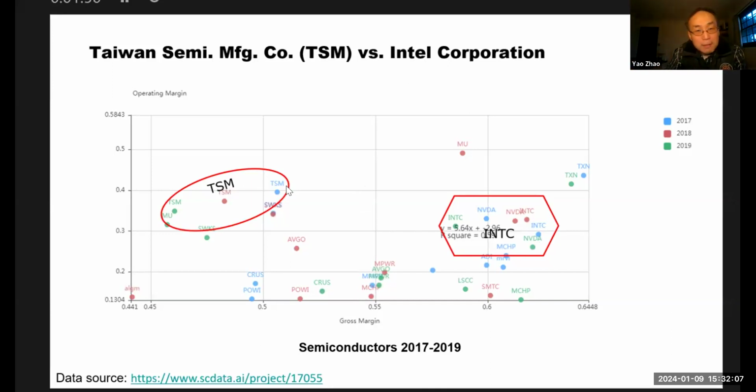So if one company has a higher gross margin, that means this company is pricing higher. But even with higher pricing, Intel is making less operating margin than TSM. That's exactly the same case as Dell versus Compaq.